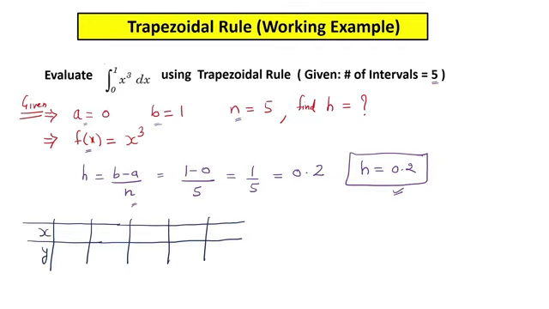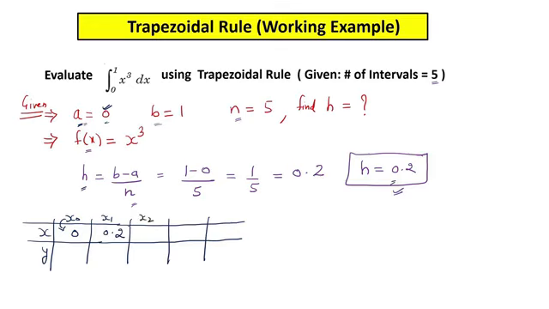We will write all the values of x and y in this tabular form. What is the initial value? We have to find x0, and x0 is equal to a only, so this is 0. Now we have to find x1. x1 is the value of a plus h, so 0 plus 0.2, which will be 0.2.